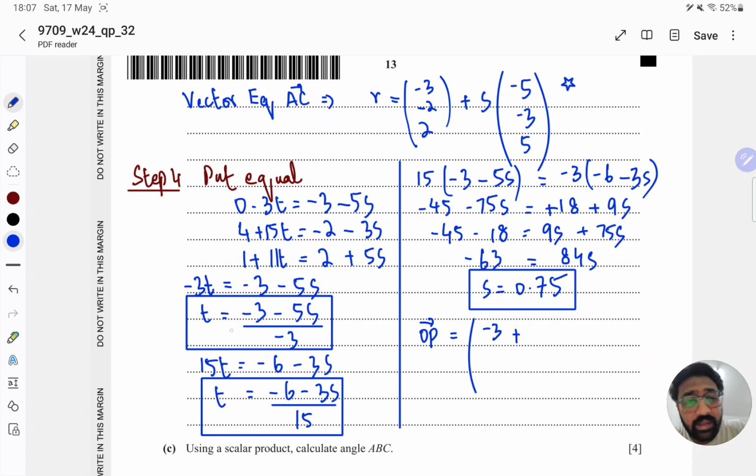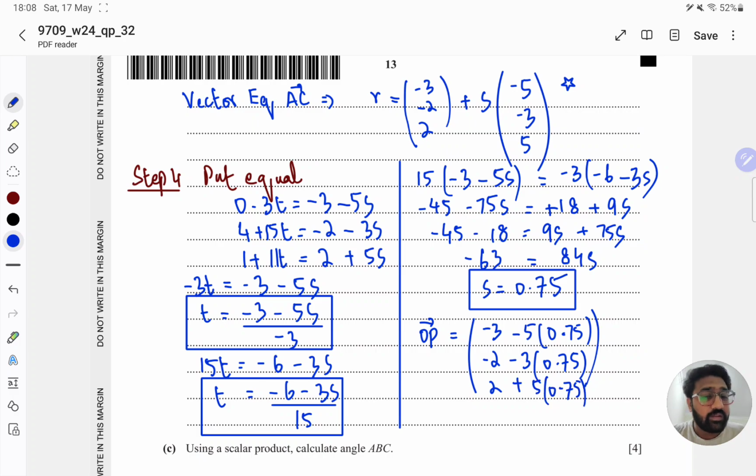-3 minus 5 bracket 0.75, -2 minus 3 into 0.75, 2 plus 5 into 0.75. So -3 minus 5 into 0.75.